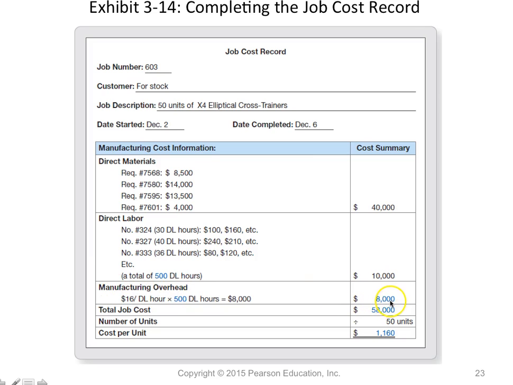Putting $8,000 in here, the total becomes $58,000, and we have 15 units. So per unit will be total cost divided by units, which is $1,160. That's the cost per unit. So we have completed the job cost record and calculation.